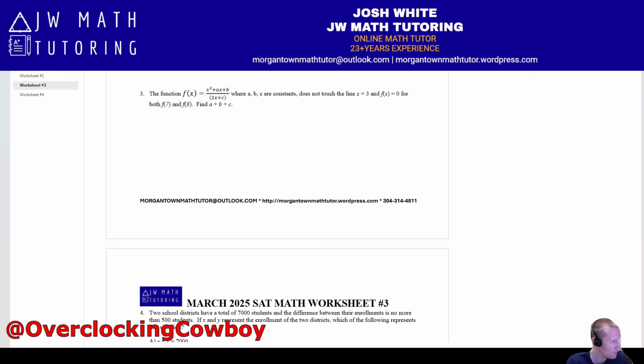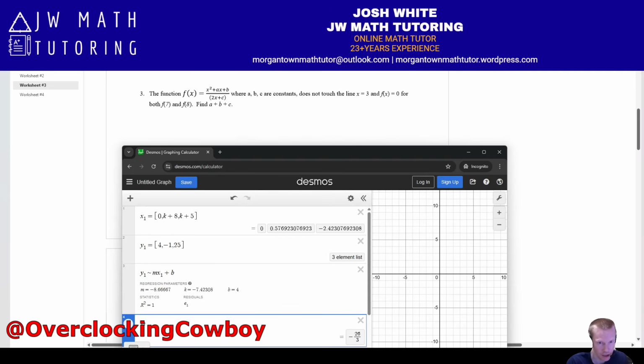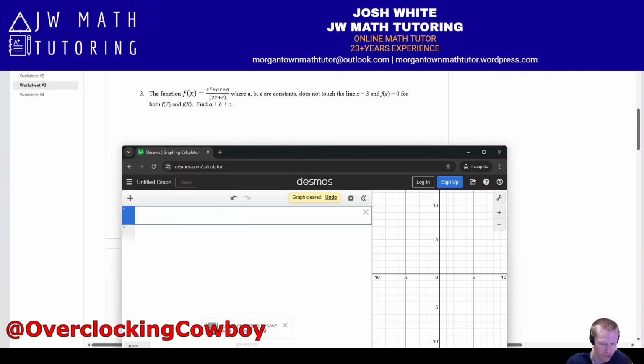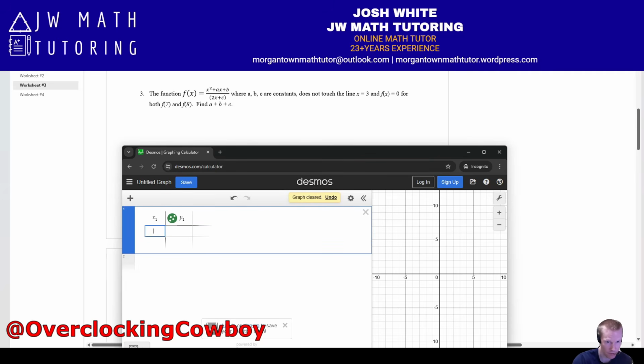is you can actually do regression, and it's not going to be exact, but it will be close enough that it will still give us the correct answer. So what we can do is we can enter in 3 points. Okay, so we know that 7, 0 is a point. We know that 8, 0 is a point.